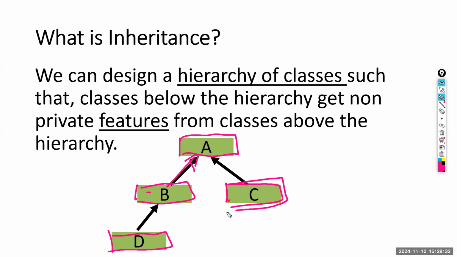That feature of getting attributes and behaviors from classes above the hierarchy to the classes below is called inheritance. It's like you inherit from your father. You inherit certain features from your mother. Maybe your children might inherit from you and your wife. So that is also inheritance.